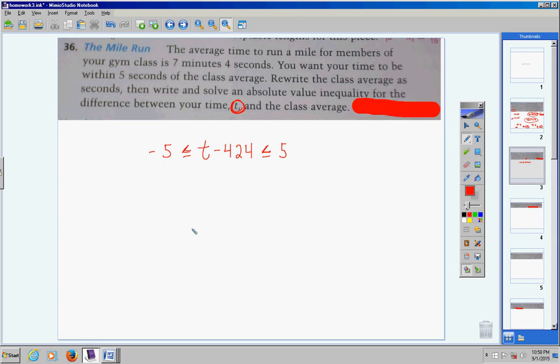So you know how to write the absolute value. Whenever you have these two numbers identical except one is negative and one is positive, and both arrows are pointing to the left, then you can write an absolute value inequality by taking the middle of your conjunction, arrow pointing to the left, and bringing this number down to the right.